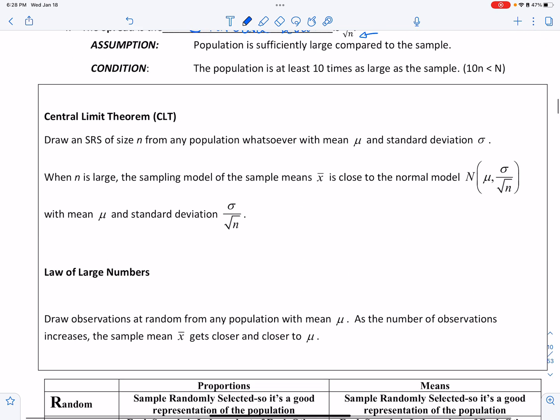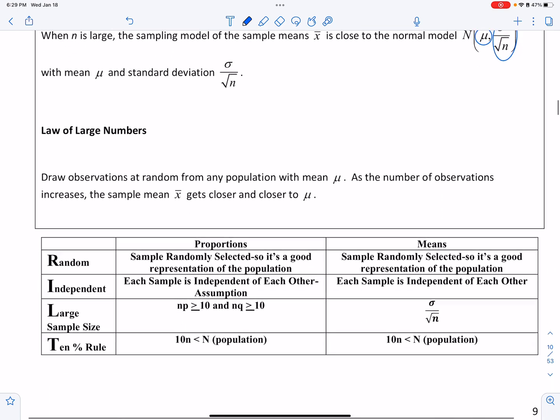The central limit theorem says basically if n is big enough, then I'm allowed to use a normal model, with a mean of mu and a standard deviation of sigma over square root of n. Large enough, again, can be bigger than 30 or bigger than 40 like we did in the fall.